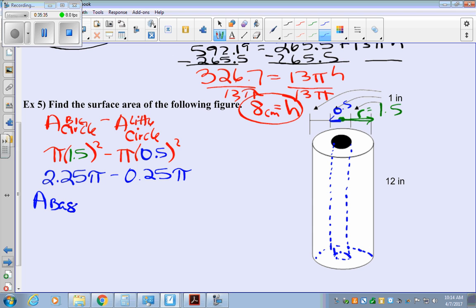So the area of our base is 2 pi inches squared. So that takes care of the top. So we're going to do the bottom. That's the top and the bottom, so I'm going to double it, because I have two bases.